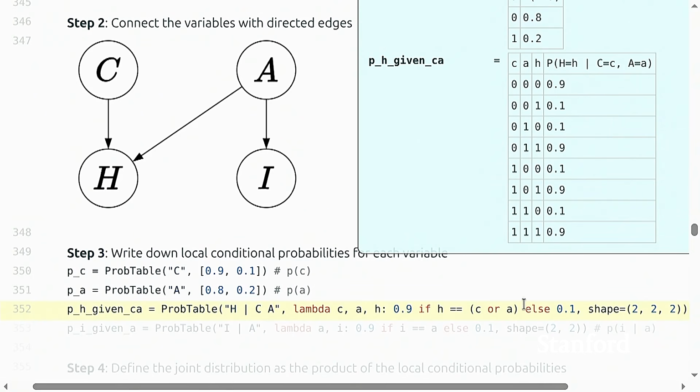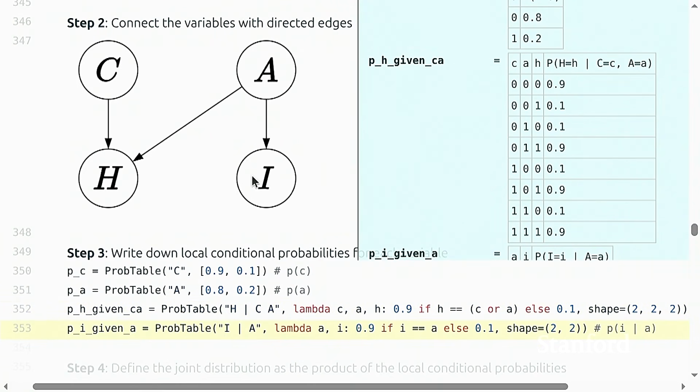Before I just had 1 and 0, but now, to hedge our bets a little bit, we're going to make them a little bit smoother, so 0.9 and 0.1. For example, this entry says that if you have a cold and you have no allergies, then the probability you have a cough is 0.9.